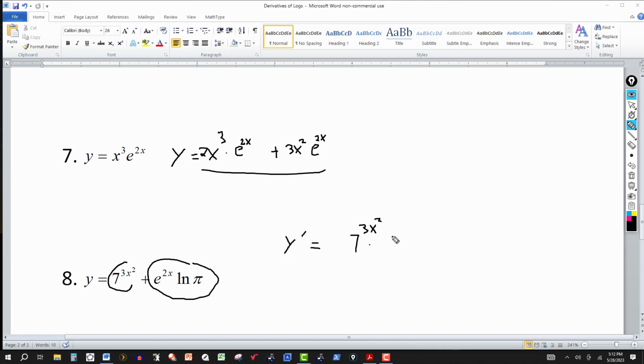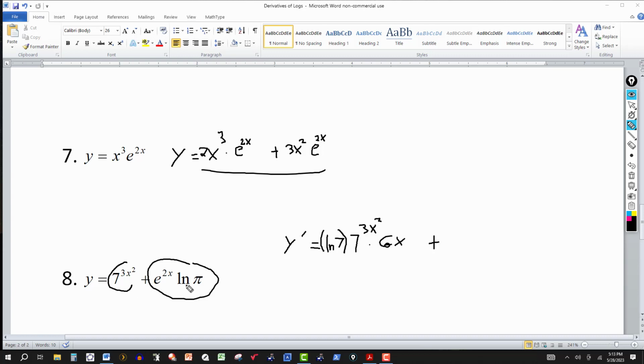So this will be a 6x, and then it's times the natural log of whatever the base is. In this case it's 7. So it's clear here, I put this in parentheses. So we have ln of 7 times 7 to the 3x squared times 6x. Then we have a plus.